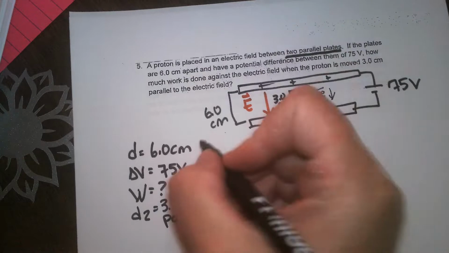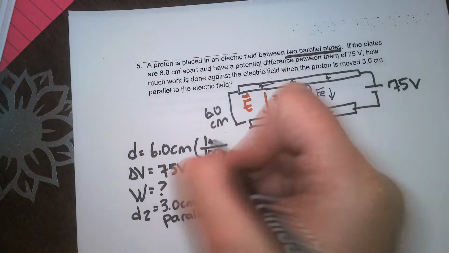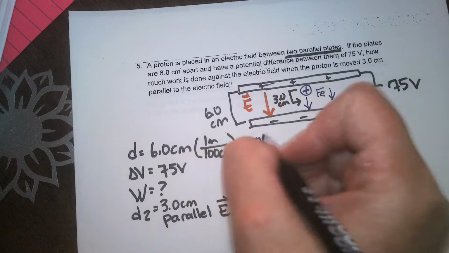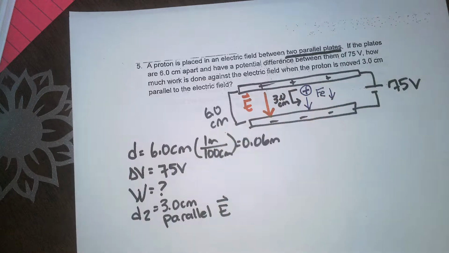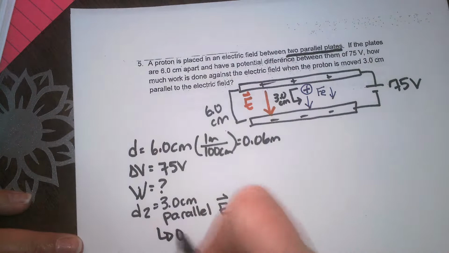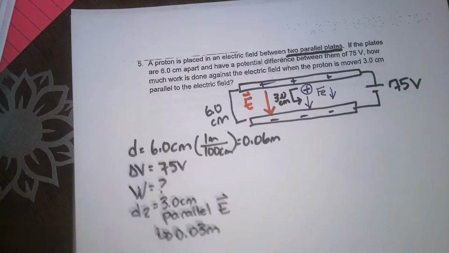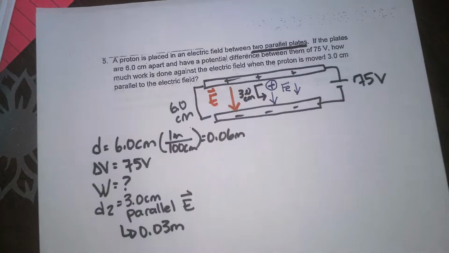There are 100 centimeters in 1 meter. So 0.06 meters. Same for this guy, 0.03 meters. All right. Way back in physics, look at that part of your data sheet.